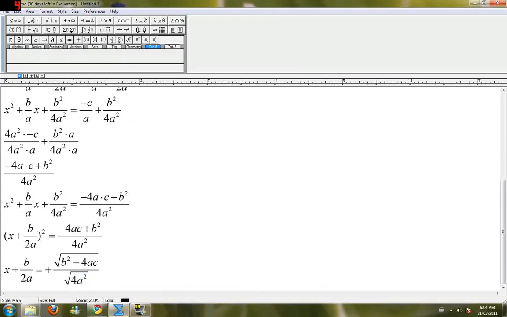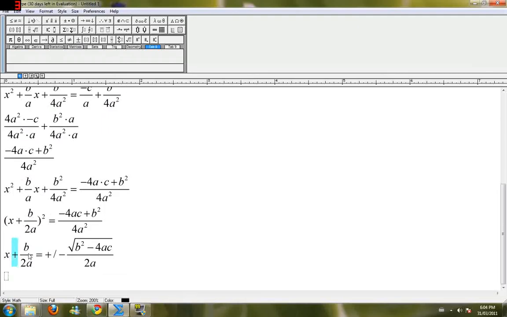This is going to be plus or minus. The square root of 4a squared is going to be 2a, because 2a times 2a is equal to 4a squared, as we did before. So this is just going to be 2a.